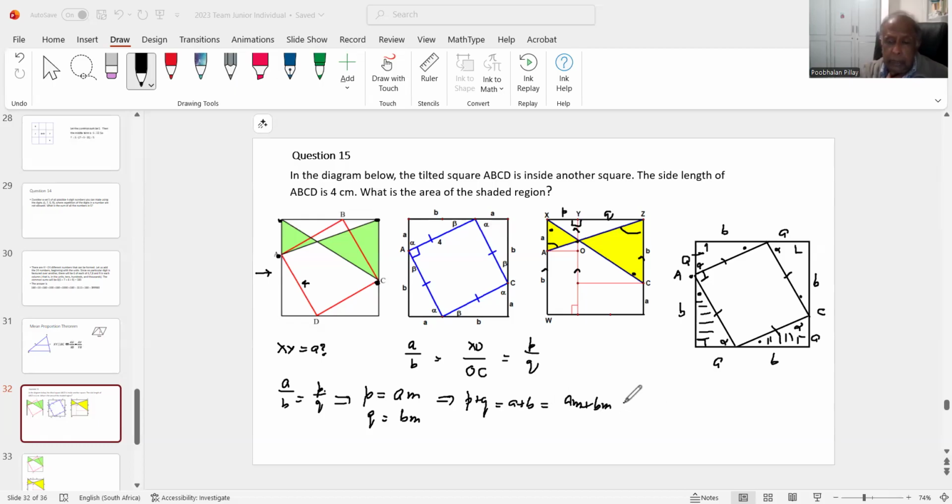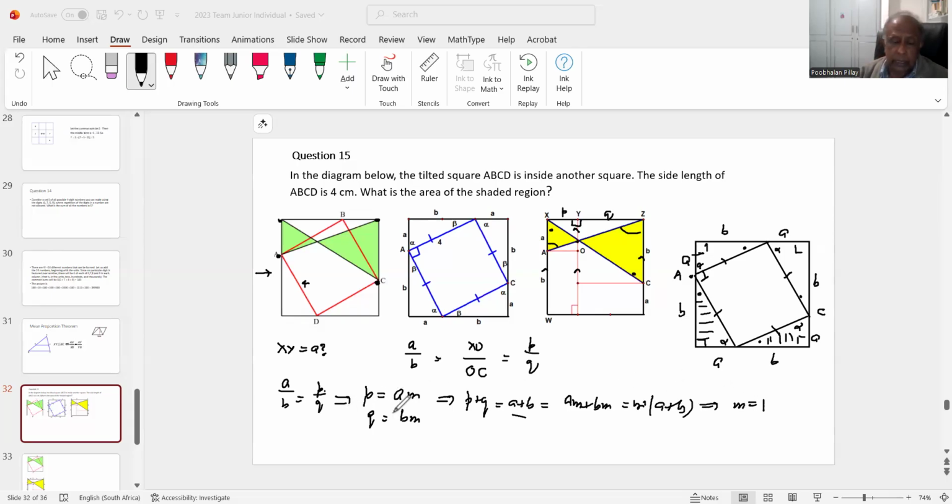And here, this is M into A plus B. M comes out as a common factor. So what is the meaning of this? A plus B is equal to M times A plus B. And that means that M is equal to 1, because if you cancel, M is equal to 1.